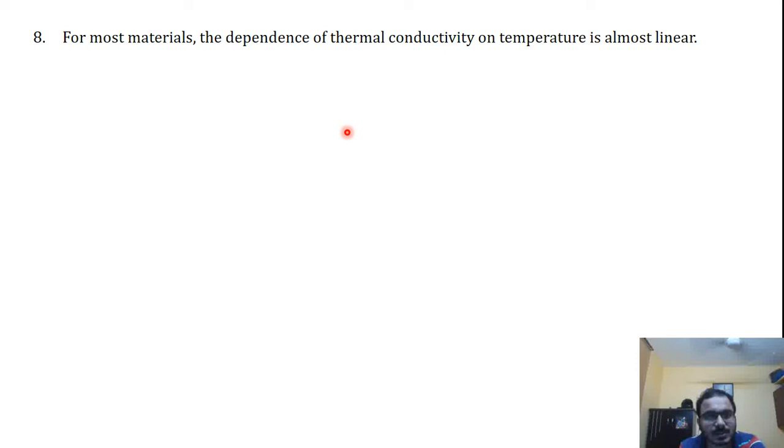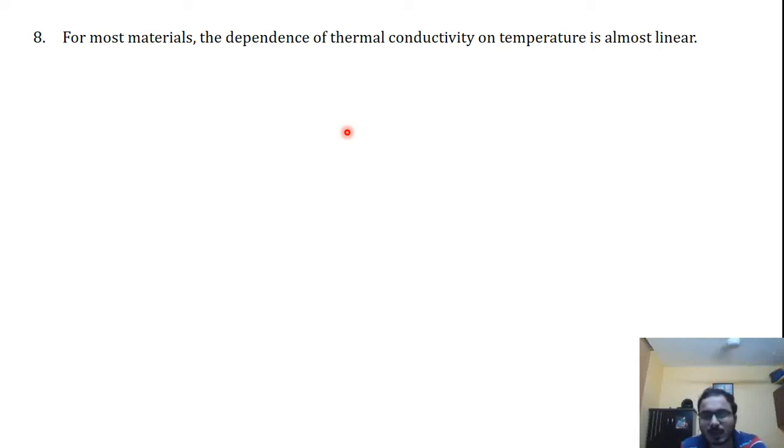Now, eighth point is, for most of the materials, the dependence of thermal conductivity on temperature is linear. That is, as temperature increases, it will linearly affect the value of thermal conductivity.